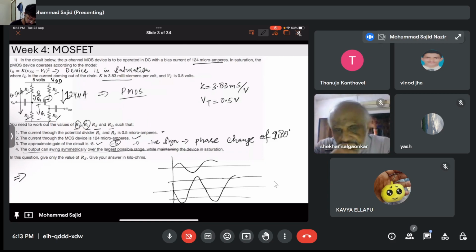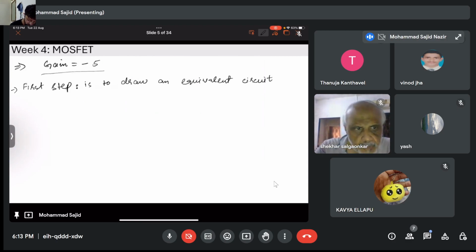For small signal analysis, we always consider these capacitors to be shorted. So this is my Vin, and DC biases are considered as ground, or if they are in between two branches, they are considered short. This will be resistance R1 parallel R2. This will be my gate bias.